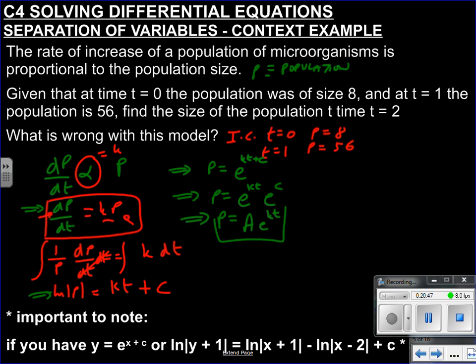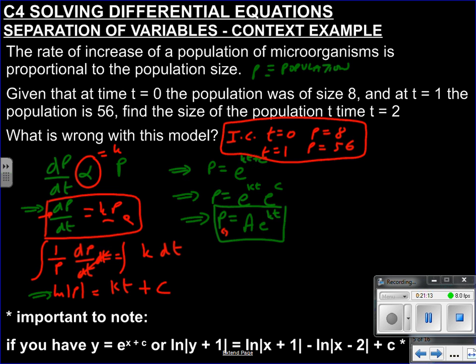So typically, you'll be asked to put it in this form, where a is your constant, which is e to the c, okay? You're going to be asked to do that all the time. So a is just e to the c. And this is your general solution because you've still got a and you've still got k, which you don't know. And that's where the initial conditions come in, isn't it?